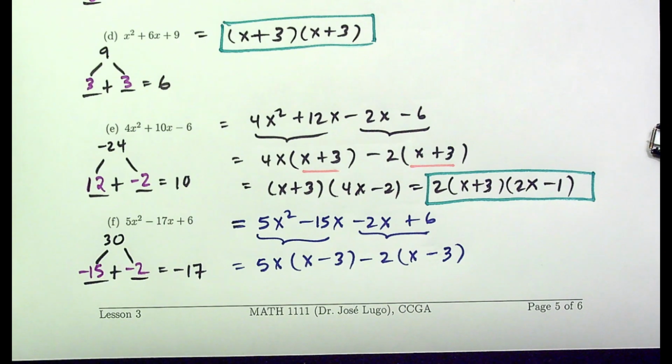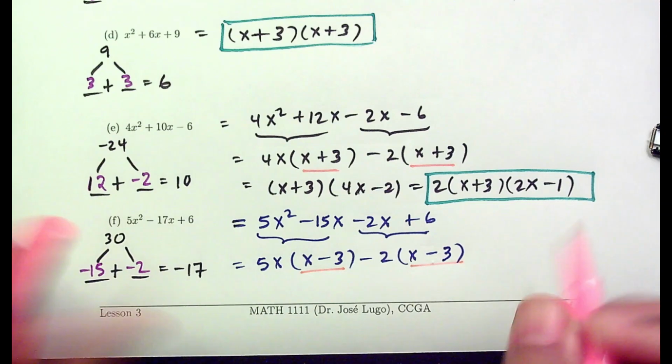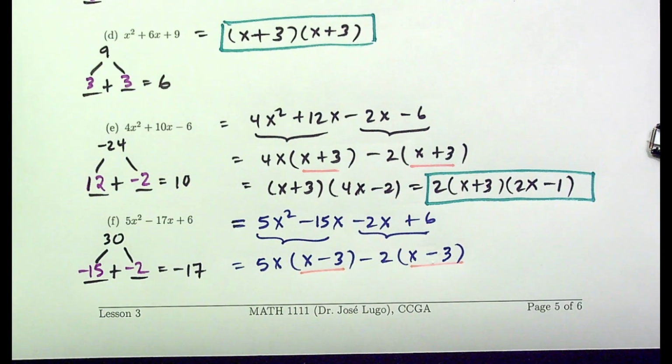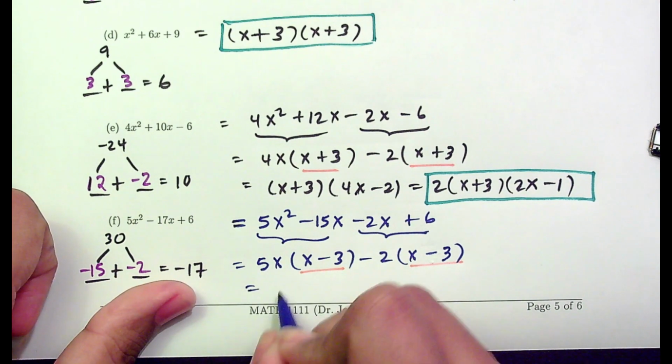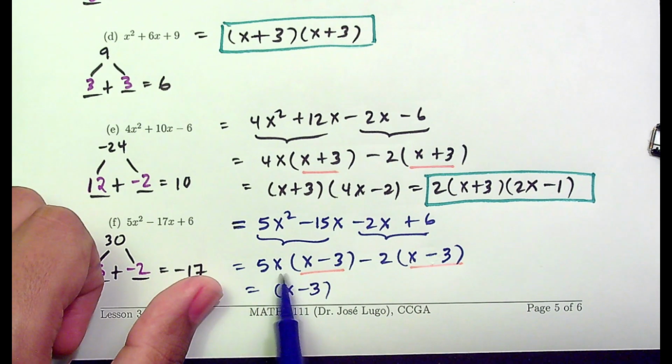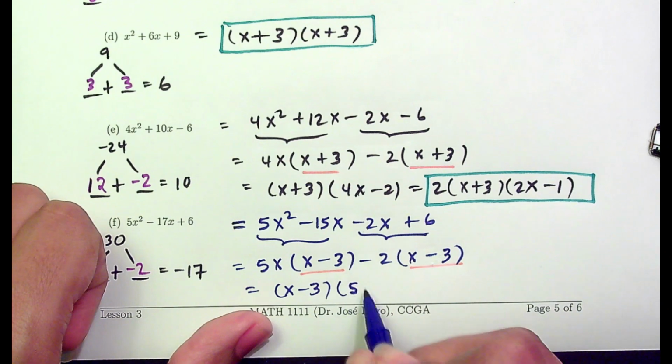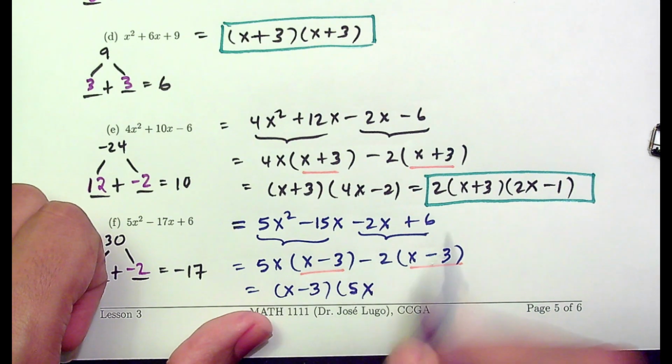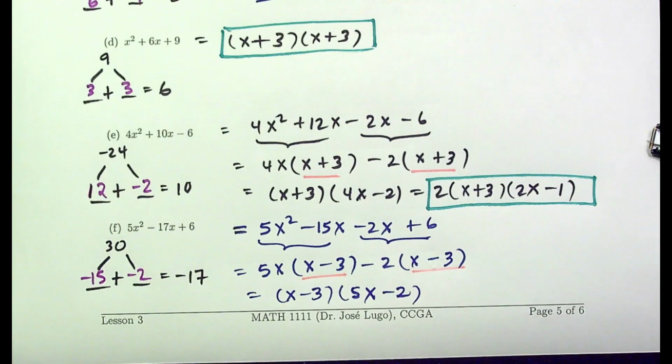They have to be the same. So now, that's the common factor. Factor it out. And so pull it out, what you're left with is 5x. And pull it out, what you're left with here is minus 2. Okay, that's the end.